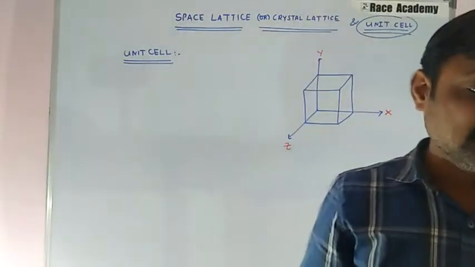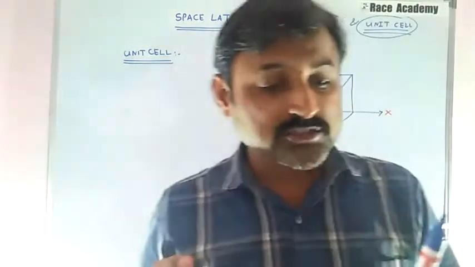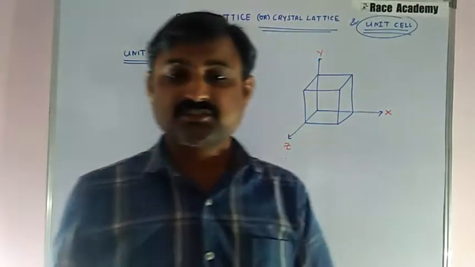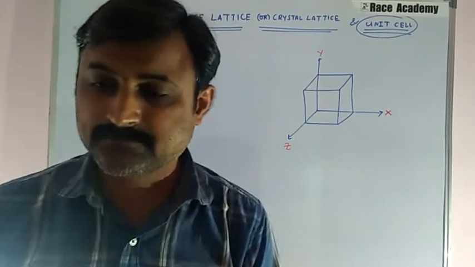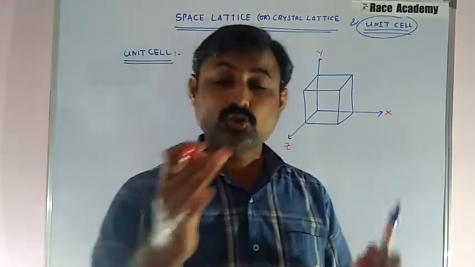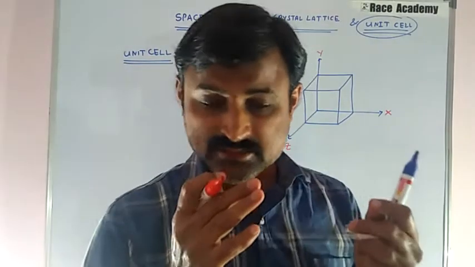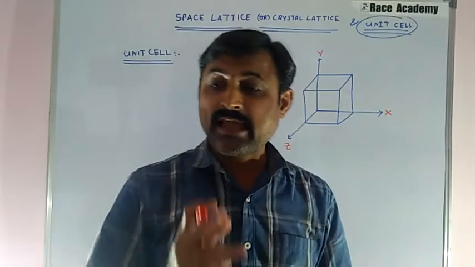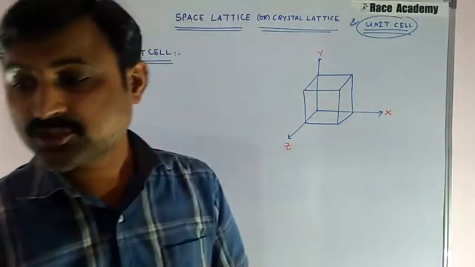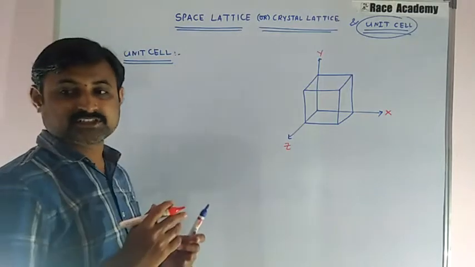That is, the dimensions along the three edges of the unit cell are also important in our study. What are those dimensions, what are those axes, what are the angles, we will see. The characteristics of unit cells are most important in this kind of unit cell discussion.